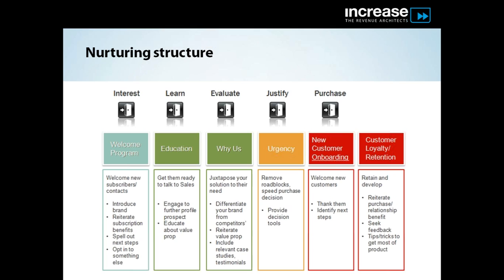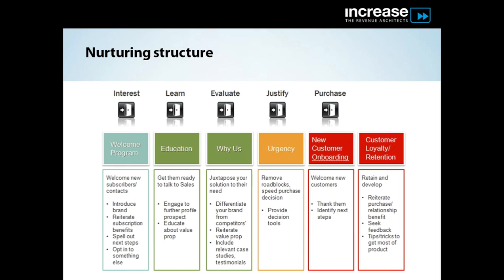And if they had reached a certain level of interest, then we move them into an accelerator flow. And remember, we're still in marketing. We're not qualifying any leads for sales yet. We're still in marketing. We've just picked up on an interest and an increased level of engagement from this contact.